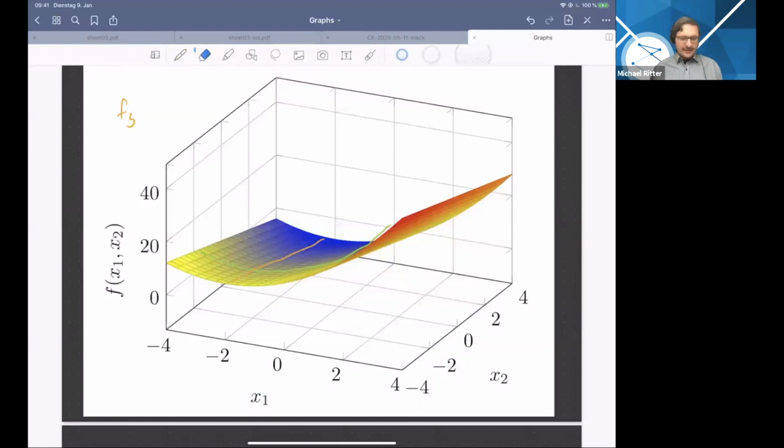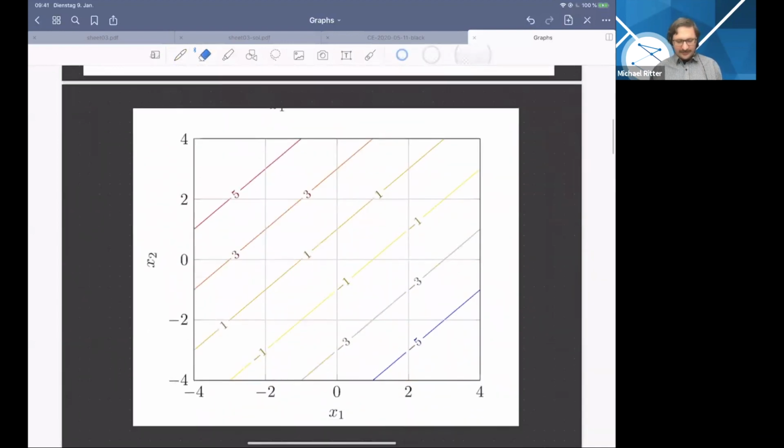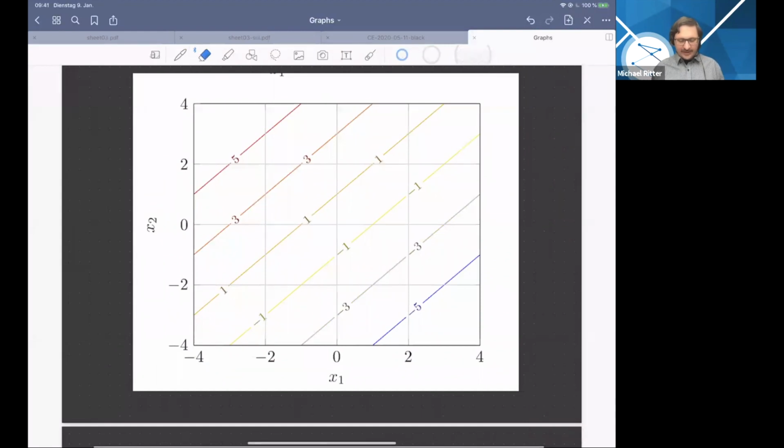And now let's look at the level sets as well. So here's one of the level sets. Well, what does this level set correspond to? What happens here is, this is the level corresponding to -5, for example. So each x1, x2 combination along this line here has a function value of -5. Each x1, x2 combination along this line has a value of -3, and so on.